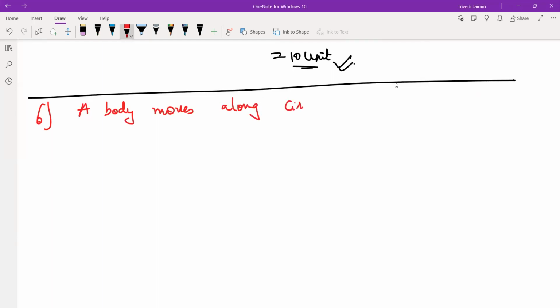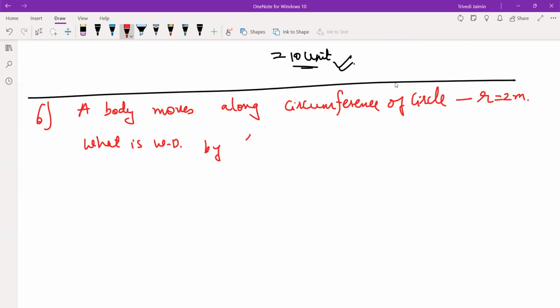Along the circumference of a circle of radius r equals 2 meters. What is the work done by a force of 15 Newton on a body, inclined at an angle of 60 degrees to the tangent at any point on the circle?